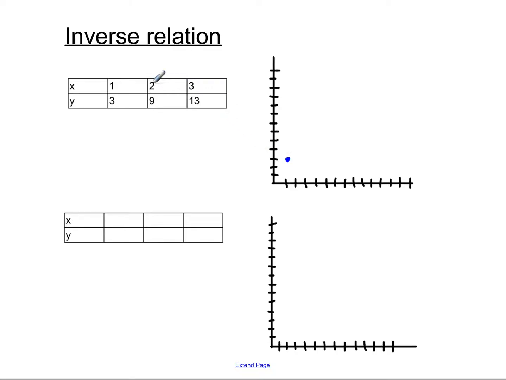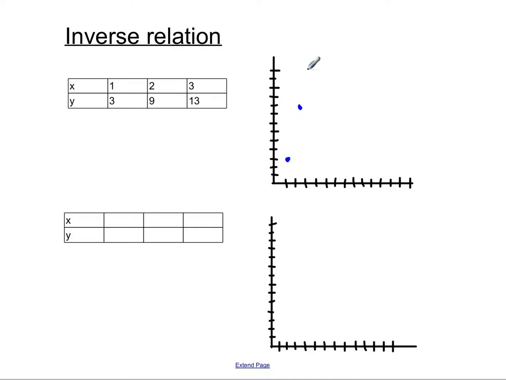Then my second is 2 and 9. So I'll go 1, 2. Here's 2. And then 9. 1, 2, 3, 4, 5, 6, 7, 8, 9. So somewhere around there will be my second one. And this is obviously just a very rough sketch. Finally, here's 3. Moving on up.